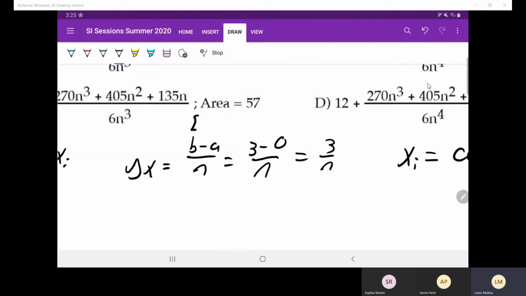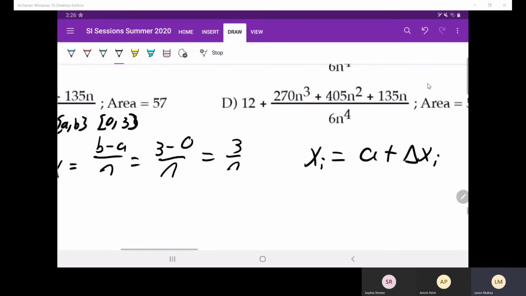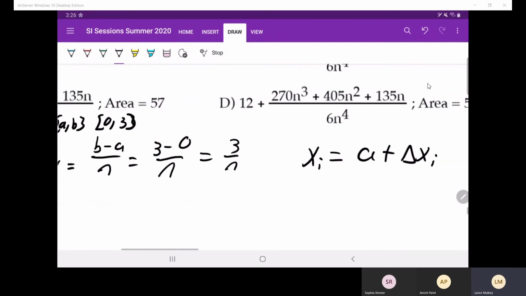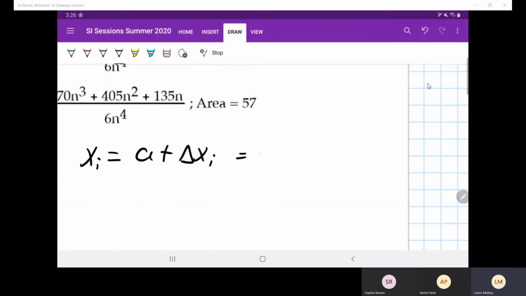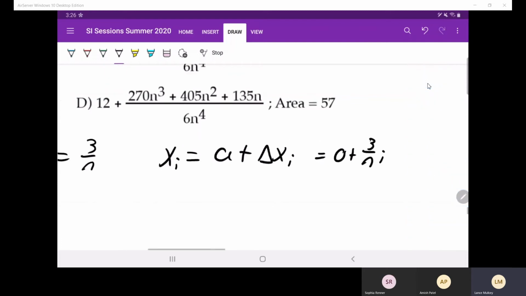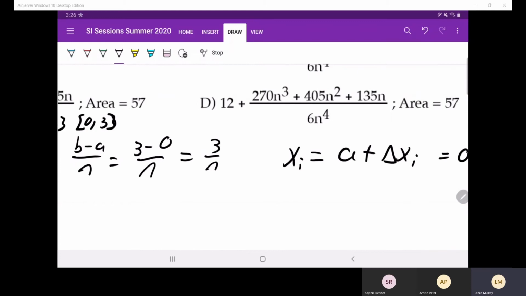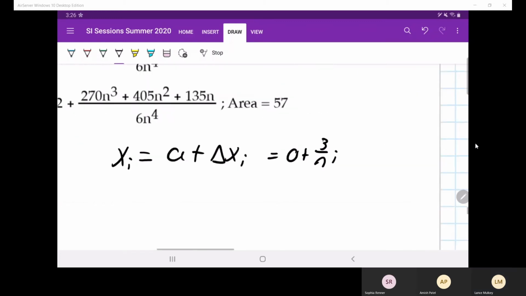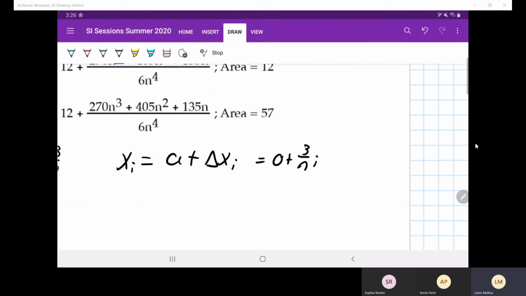So from this, it's from 0 to 3, a to b. You take your a, which is right here, which is 0, and you add delta x times i. I was skipping that, which equals 0 plus 3 over n i. Does that make sense? I forgot about that a part because it's 0.